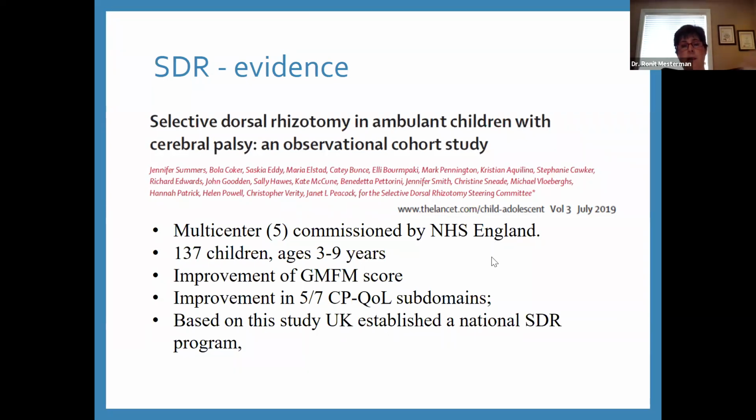As they have a very centralized medical system, they often can pull together nicely data. They had 5 big centers come together prospectively looking at children undergoing SDR under a research protocol, ages 3 to 9, which is sort of our classical age, and they had a total of 137 children, and could show that they actually showed significant improvement in the gross motor function measure.